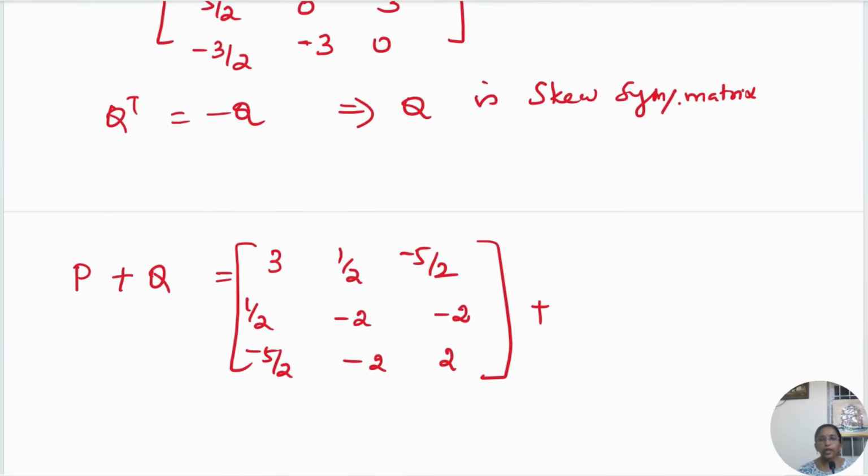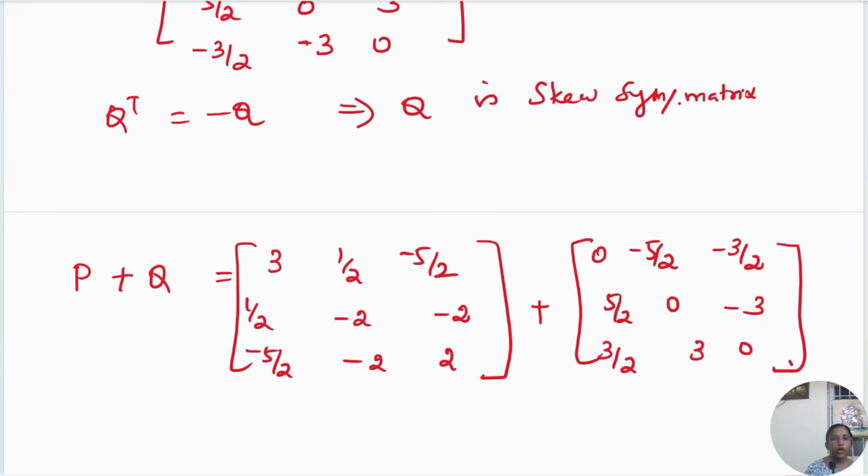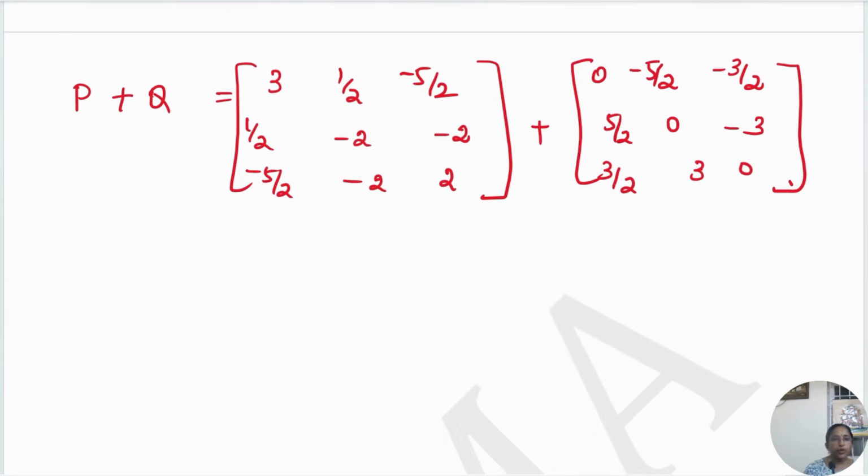So take your Q data now. So Q is 0, minus 5 by 2, minus 3 by 2, 5 by 2, 0, minus 3, 3 by 2, 3, and 0. If we add these two, our answer will be 3, minus 2, minus 4, 3, minus 2, minus 5, minus 1, 1, 2.